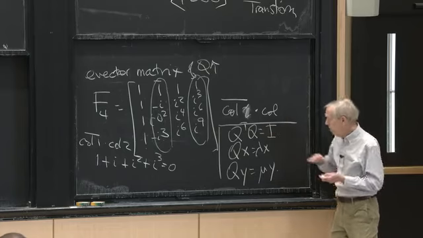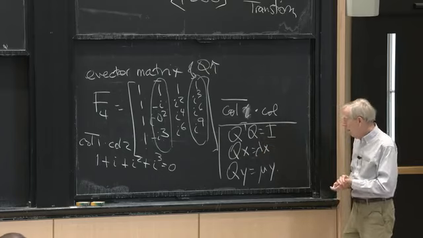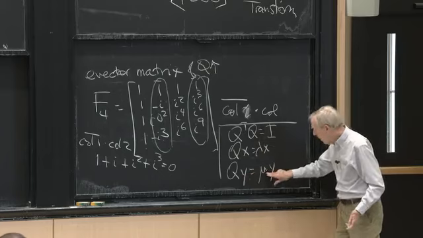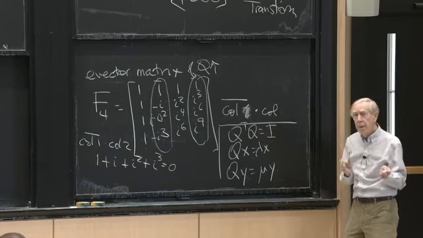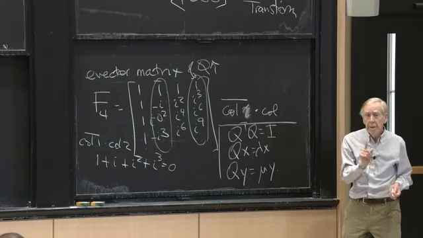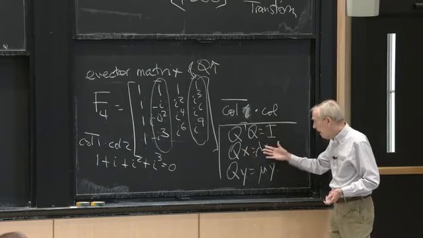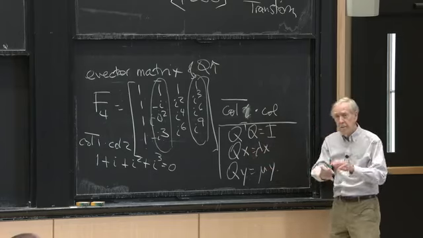I have an orthogonal matrix. I have an eigenvector with eigenvalue lambda. I have another eigenvector with a different eigenvalue mu. Then the claim is, what is the claim? About the eigenvectors. So this has an eigenvalue, this has a different eigenvalue.